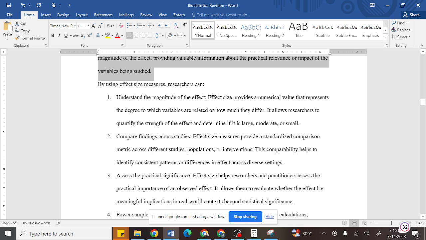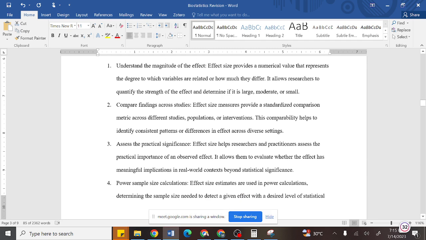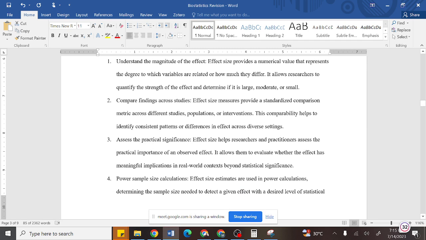It cannot produce what we want, so we cannot apply it in a real situation. But it also allows us to compare. Effect sizes can allow us to compare different studies in different populations. And then if we see some very good pattern, then we can make very good conclusions. Therefore, effect size is very important in clinical practice.